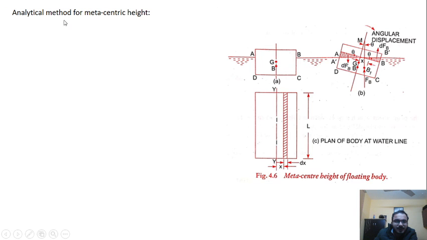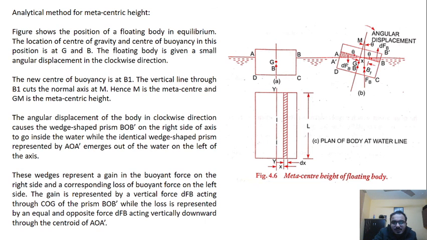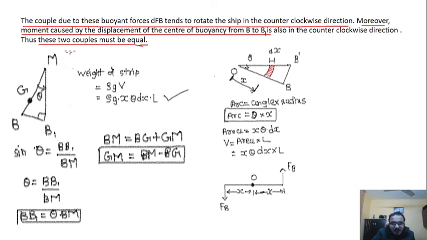And then finally we have discussed the analytical method for evaluation of metacentric height. We have taken two wedges over here, one wedge which is the new portion submerged in the liquid, and the second wedge on the left-hand side is the portion which has come out of the liquid.